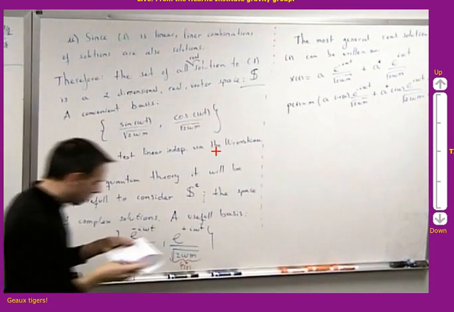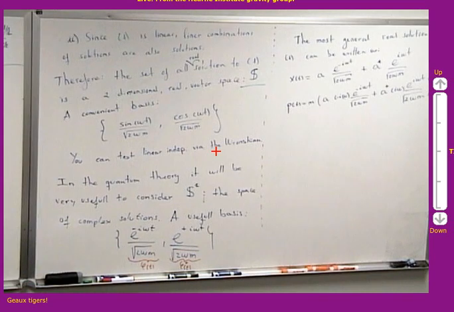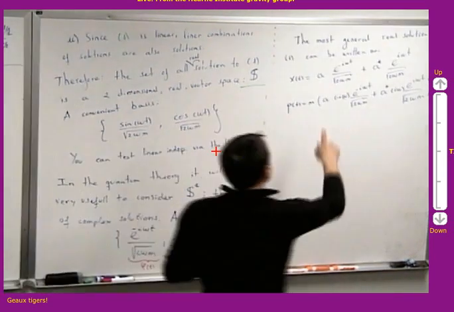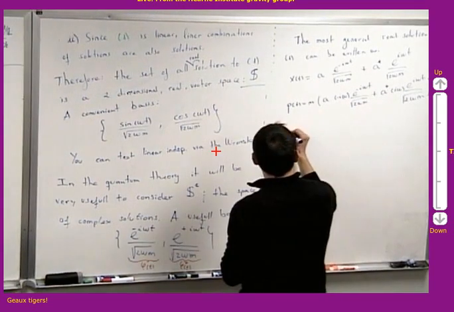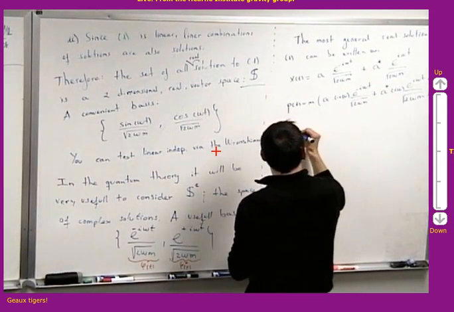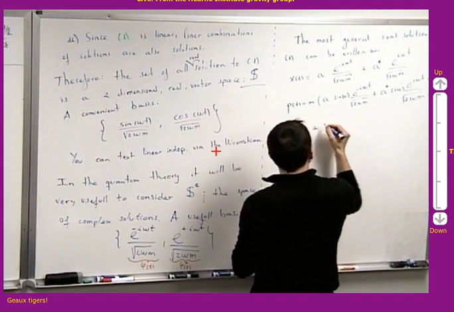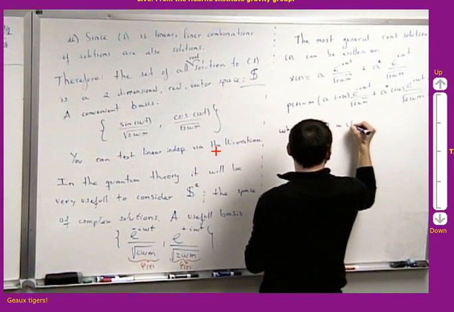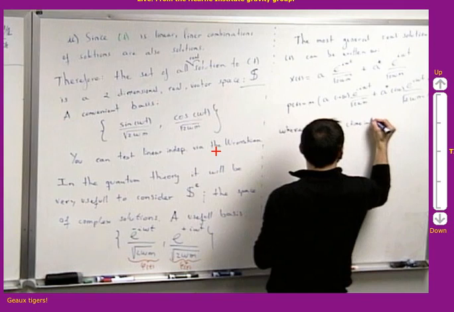So we have A and A star, where A is of course a time-independent complex coefficient.